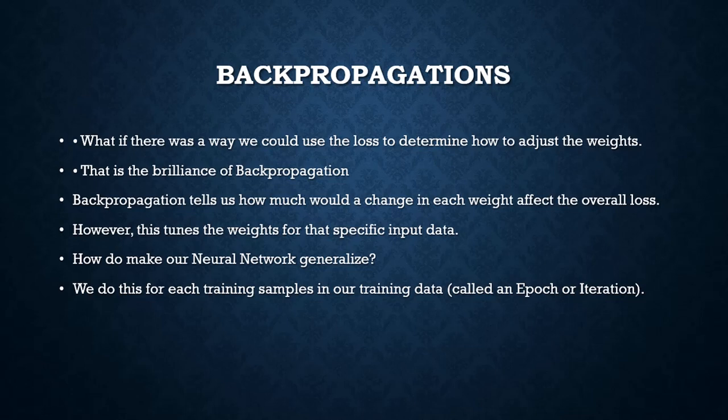If we got a higher loss in the output, back propagation adjusts the weights and gives new weights to the input. It tells us how much a change in each weight affects the overall loss.